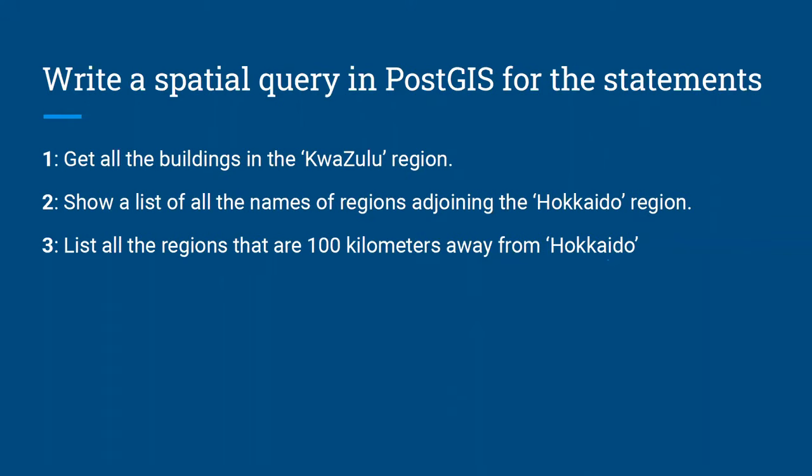Second, show a list of all the names of regions adjoining the Hokkaido region. Third, list all regions that are 100 kilometers away from Hokkaido. For each one of those, we want to write a spatial query, something similar to regular relational database queries.